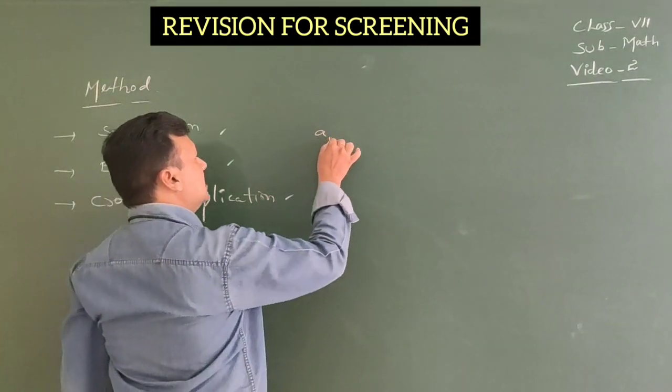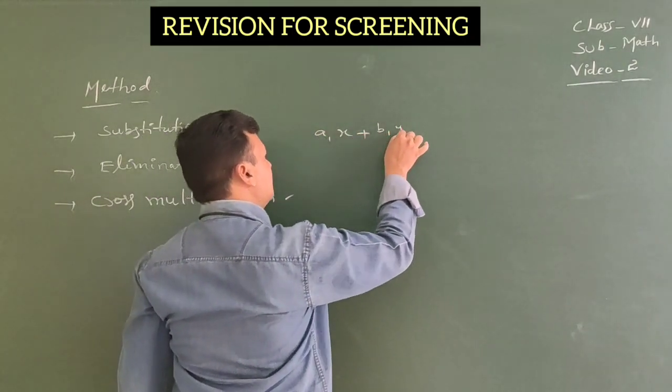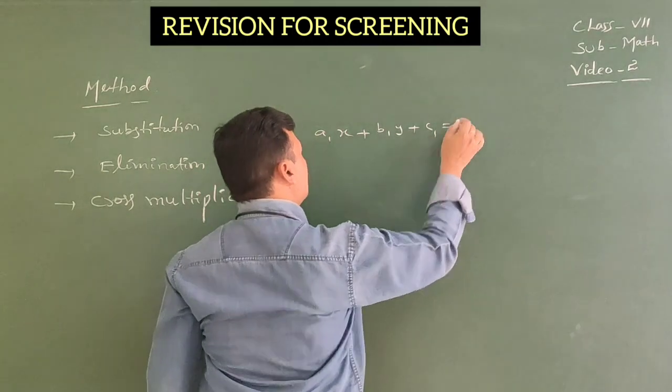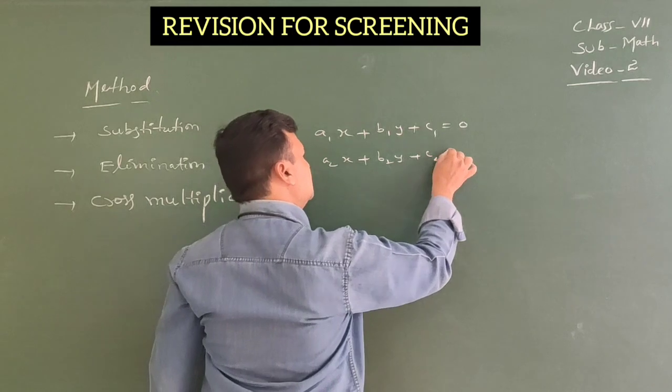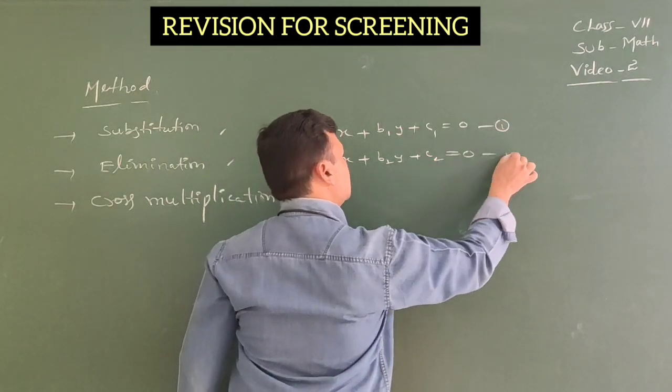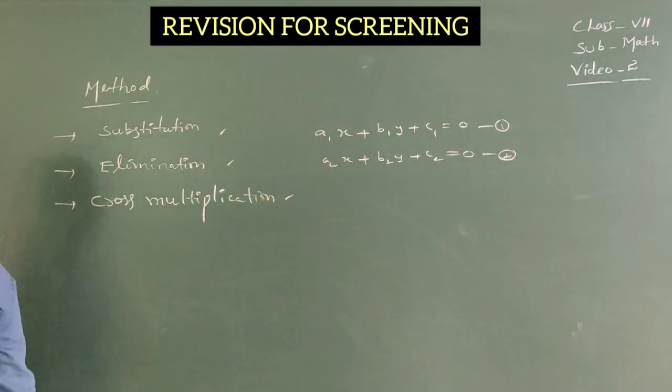For example, here a1x plus b1y plus c1 equal to 0, a2x plus b2y plus c2 equal to 0, the first and the second in given system of simultaneous linear equations. Substitution means one of the equation contains two variables. We need to convert the given equation in terms of one variable.